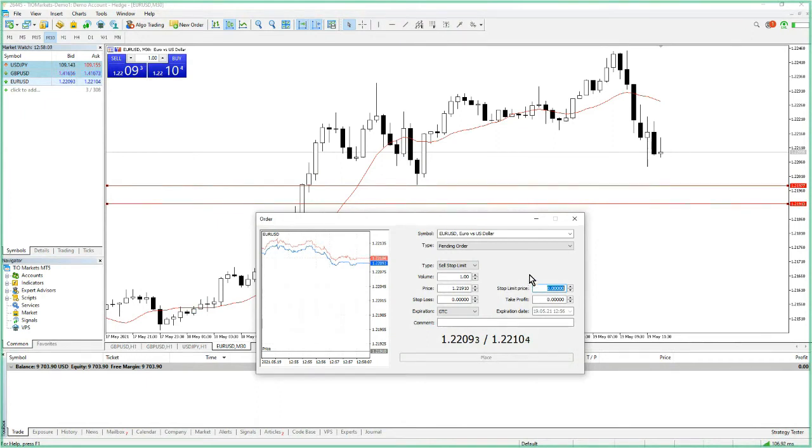Let's say that's about this red line here, 0.2197. So we'll just go there, 0.2197. There it is.